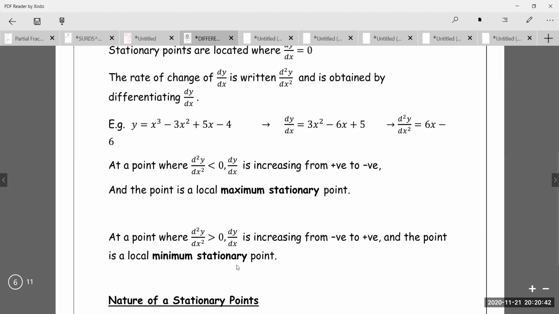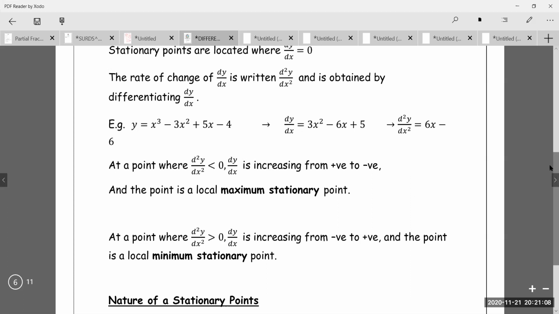If the second derivative is negative, then it's a maximum stationary point. If the second derivative is greater than 0, then it's a minimum stationary point.